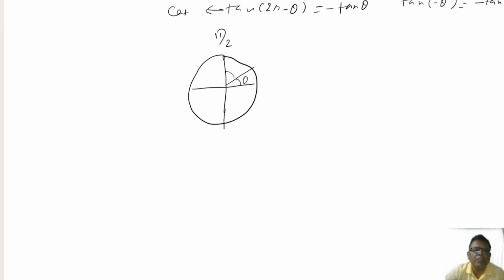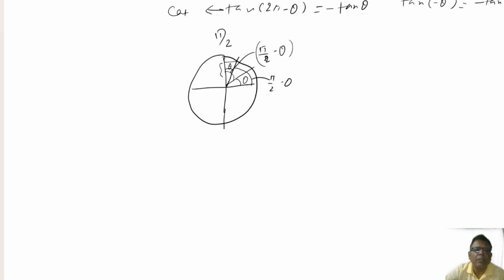This angle will be pi by 2 minus theta. Suppose this one is pi by 2 minus theta, so this will be theta.